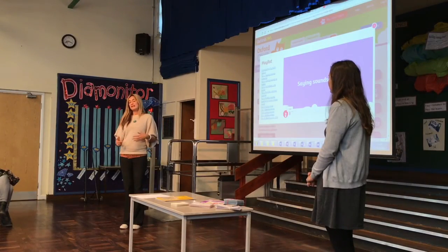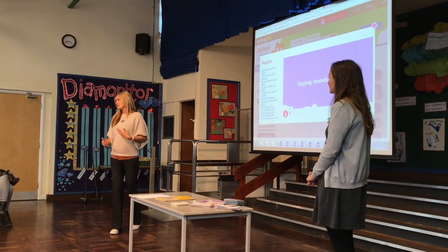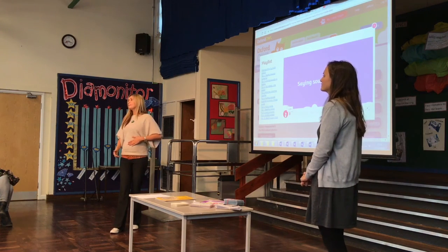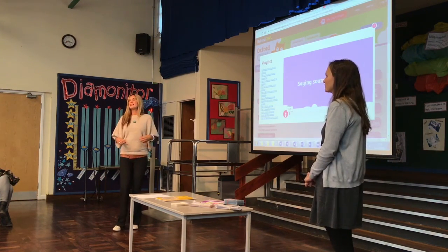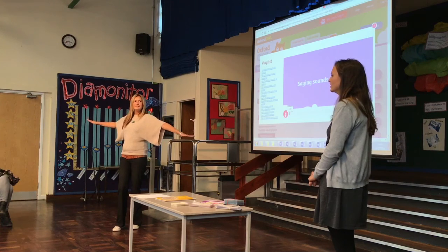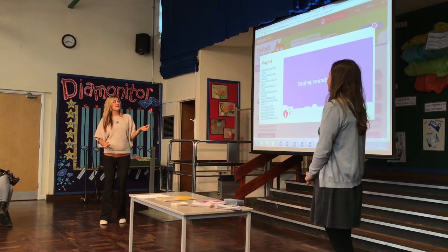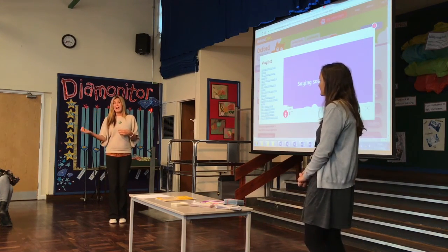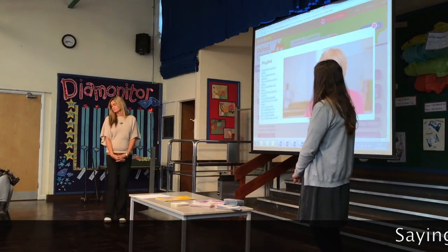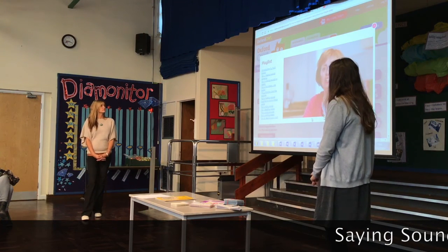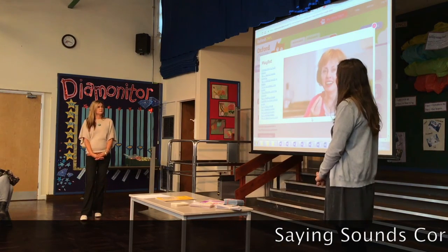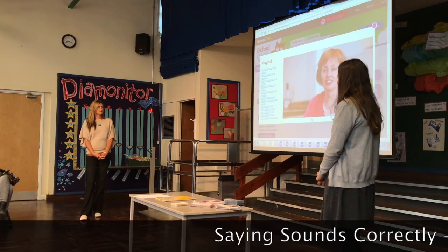But saying sounds correctly, a lot of people say muh still, and we would say mmm. A lot of people say nuh, and we say nnn. So it's making sure that we're saying the sounds correctly at home and at school. This is really important when you're helping your child learn the sounds. Just remember not to add an uh at the end of the consonant sound.